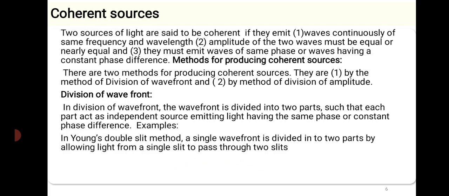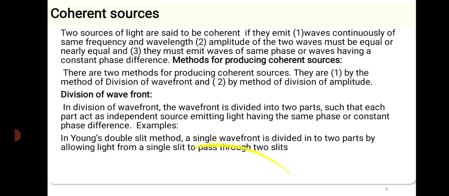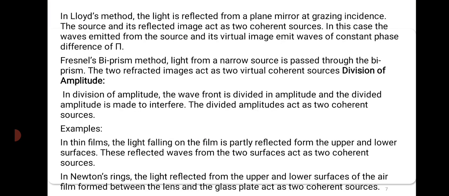Examples: in Young's double slit method, a single wavefront is divided into two parts by allowing light from a single slit to pass through two slits. In Lloyd's method, the light is reflected from a plane mirror at grazing incidence.